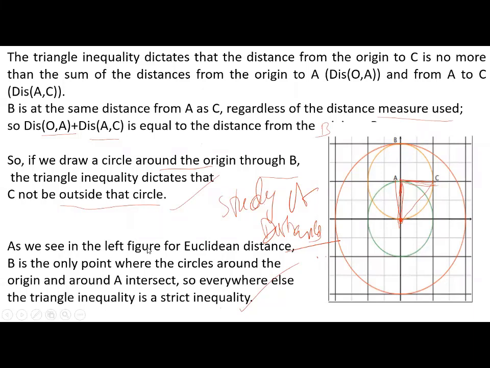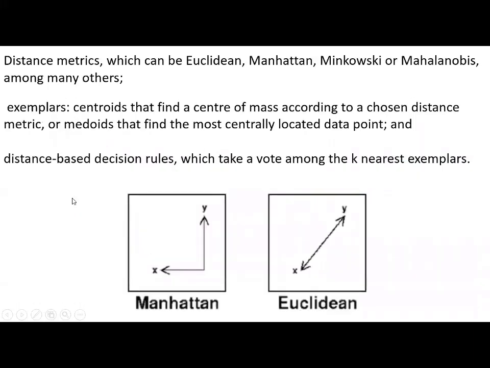Right. Some more definitions. Let us see. Now, distance metrics, which can be Euclidean, Manhattan, Minkowski or Mahalanobis, among many others. What is meant by exemplars?